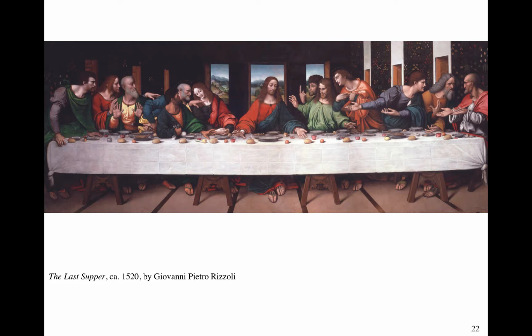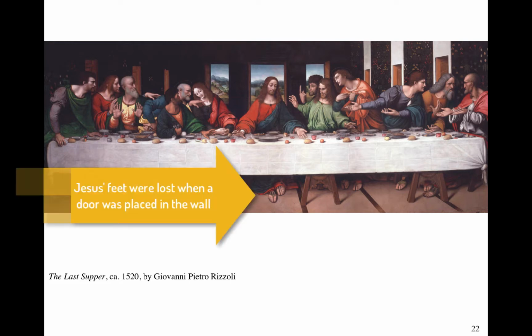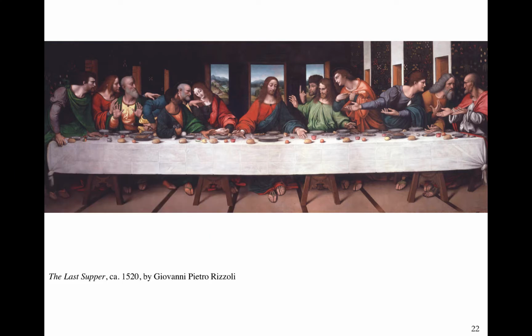It includes several of the lost details. Notice that we actually see the feet of Christ and the feet of the other disciples. Rizzoli was thought to have worked also with Leonardo when he was in Milan. This gives us a clearer view, perhaps, of what Leonardo's painting looked like, or at least what he envisioned in his mind before it deteriorated on the wall.